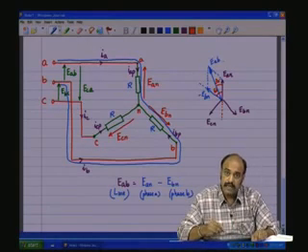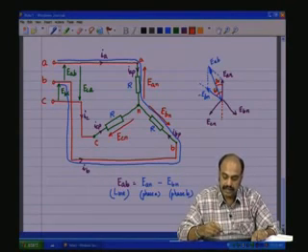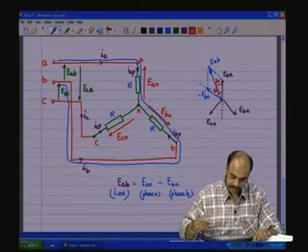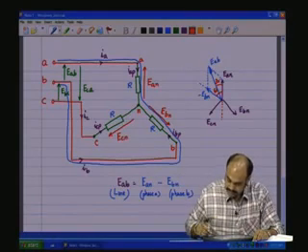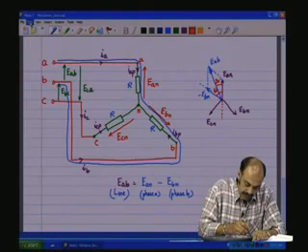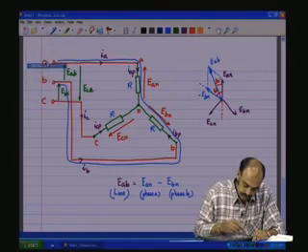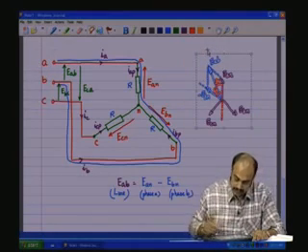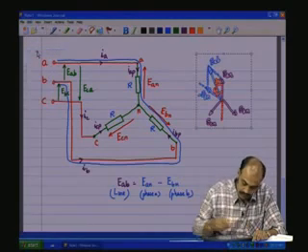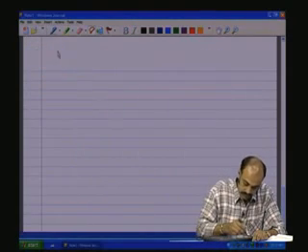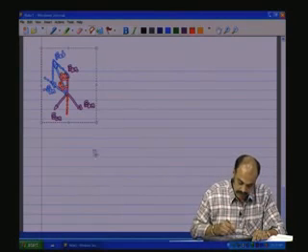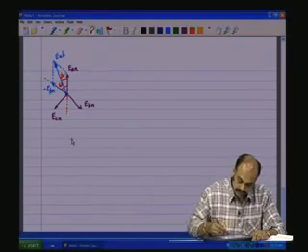So, EAB is going to lead EAN by 30 degrees, or EAN lags EAB by 30 degrees. Clear? So, let us expand that and have a clearer view. So, we take that. So, let us draw a bigger picture of this.